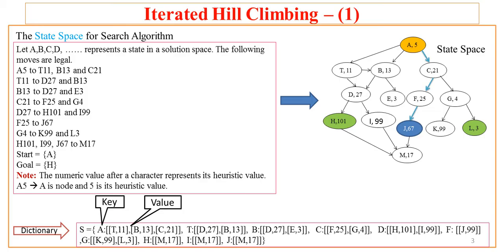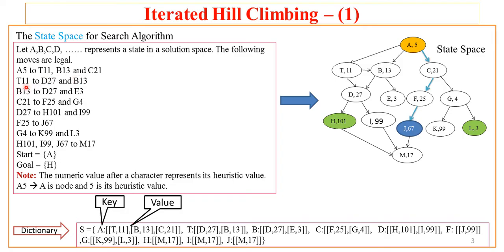Now that description is given over here, so let us focus where I'm pointing now. So here in our given problem representation, one can move from node A to node T, B and C.